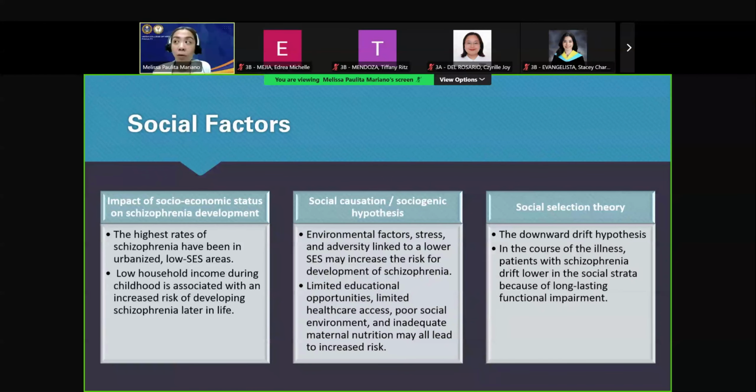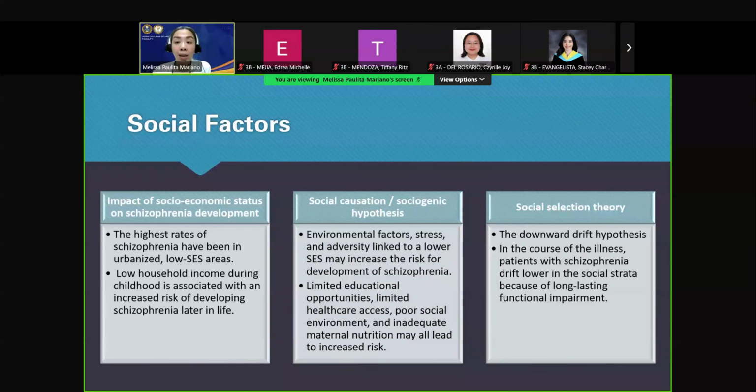And that's because of a variety of mediating factors, such as limited educational opportunities, limited healthcare access, more obstetric complications, poor maternal nutrition, and just a generally more hostile environment. So in the sociogenic or social causation hypothesis, it's the socioeconomic status that furthers the risk for schizophrenia.